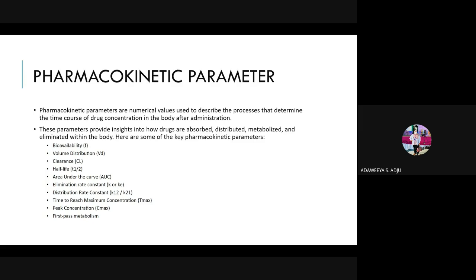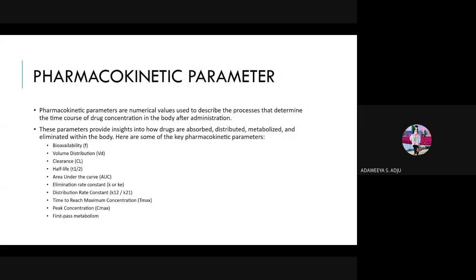So here are some key pharmacokinetic parameters: the bioavailability of the drugs, the volume of distribution, the clearance, the half-life, the area under the curve, the elimination rate constant, the distribution rate constant, the time to reach maximum concentration, the peak concentration, and the first pass metabolism, as shown by the diagram given to us by Ms. Akas earlier.